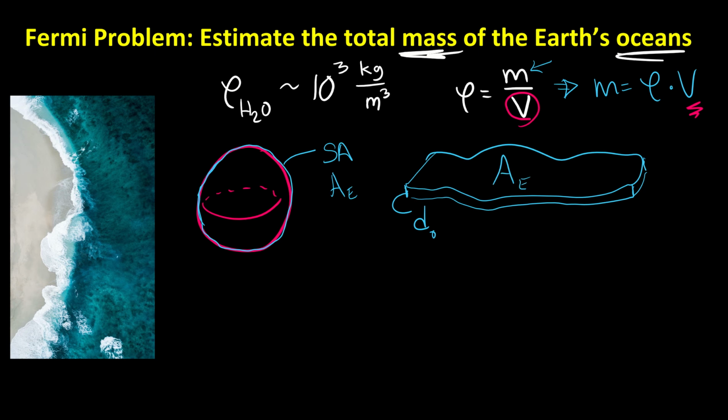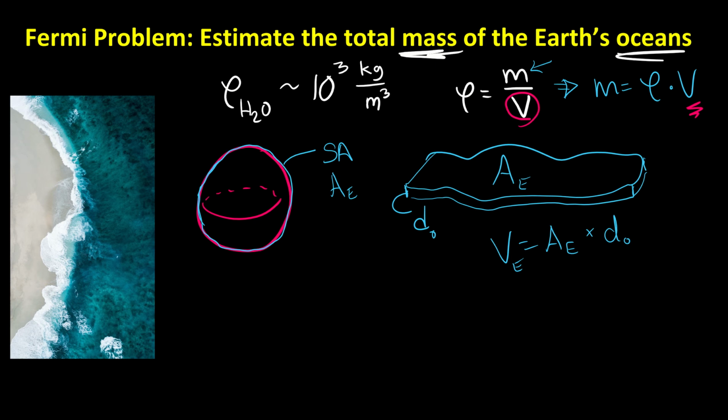Okay, so to find the volume of the ocean, I'm going to take the surface area of Earth times the average depths of the ocean. Okay, I don't know those values right now, but I think I maybe know enough to be able to figure out about what they might be. The area of the Earth, well, is the whole Earth covered by ocean? Well, no, but a lot of it is.